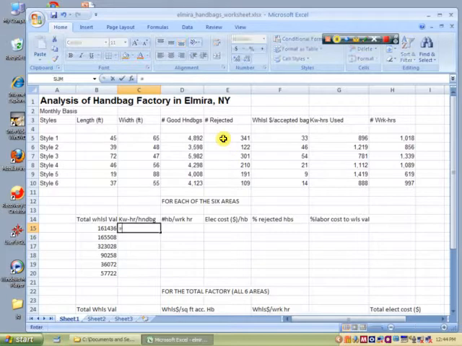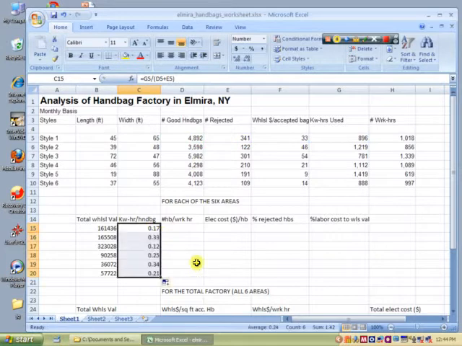So it's equals this number here, the kilowatt hours used, total kilowatt for all your bags of style 1, and that's divided by the sum of the good plus the rejects. Of course, you put a parenthesis because you got a sum. And that's the number of kilowatt hours that you spent for each handbag.